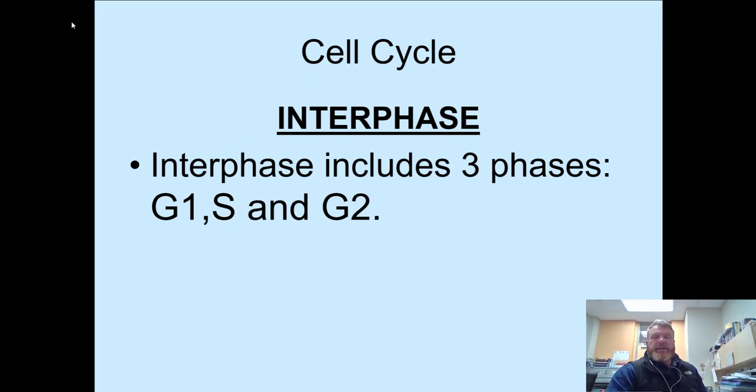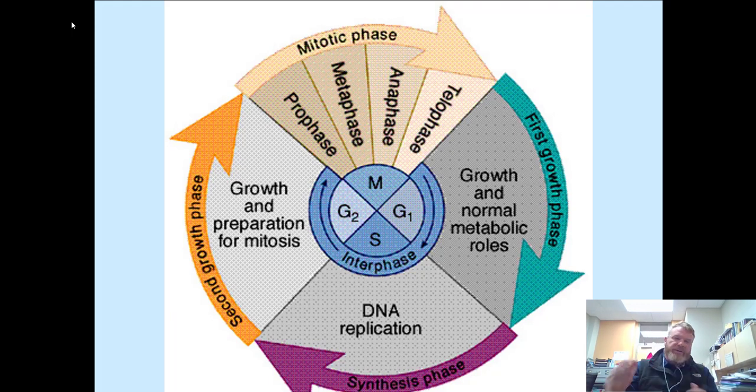All right, so the cell cycle. We've got interphase. Interphase takes into account all the first 3 phases of the cell cycle, so G1, S, and G2. So here's the whole entirety of the cell cycle. The measurements are a tiny bit off, but you see right here, this 3/4 of it is interphase.